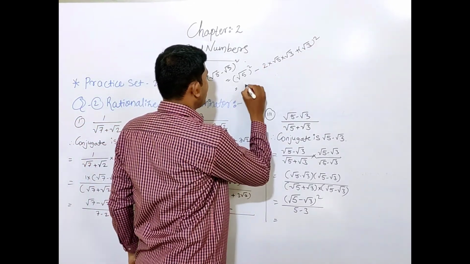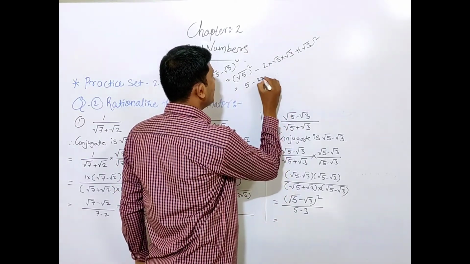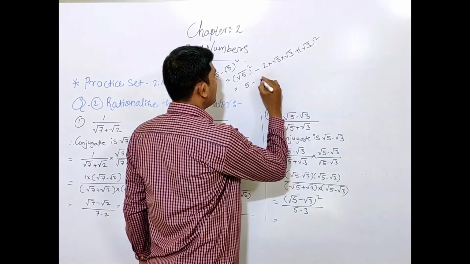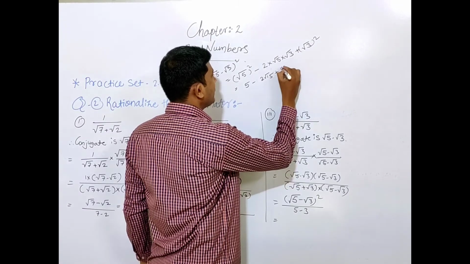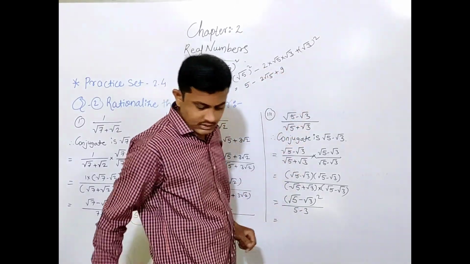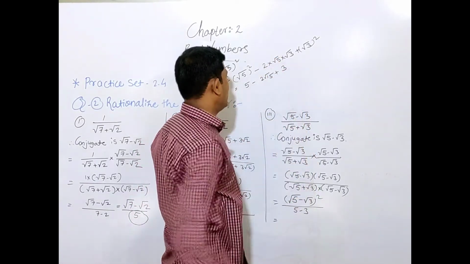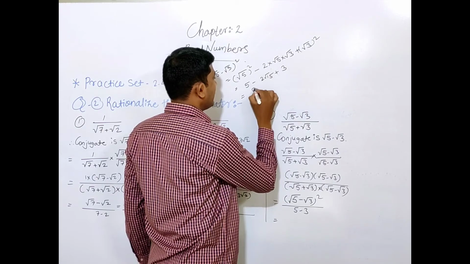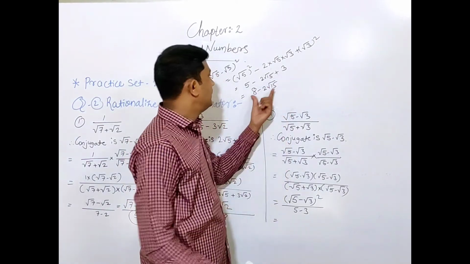So what we get here? 5 minus 2 into root of 15, that is 2 root of 15, plus root of 3 square, which is simply 3. So if we simplify it again, 5 plus 3 is 8. 8 minus 2 root of 15 is the expansion.